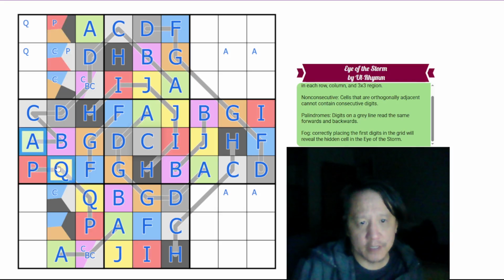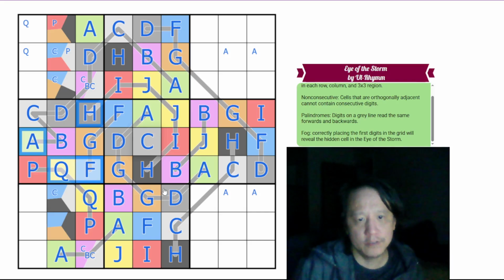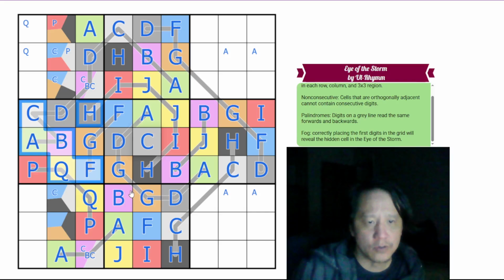Red is next to green and yellow. It's next to blue. It's next to dark. It's next to light. It's next to B. So red so far is not next to orange or medium in this case.